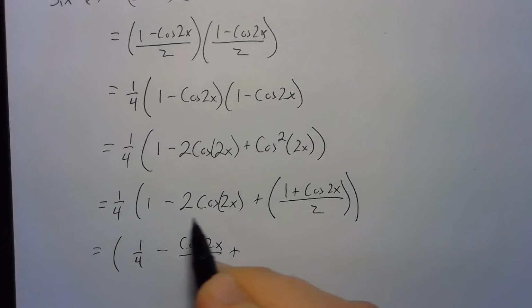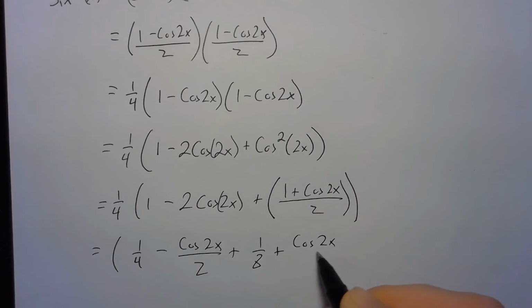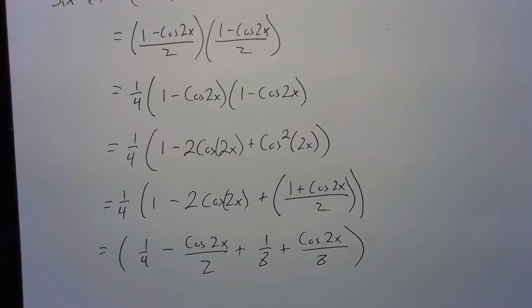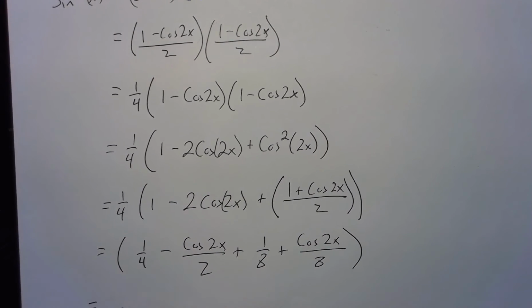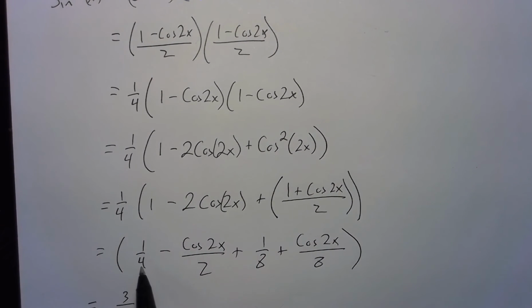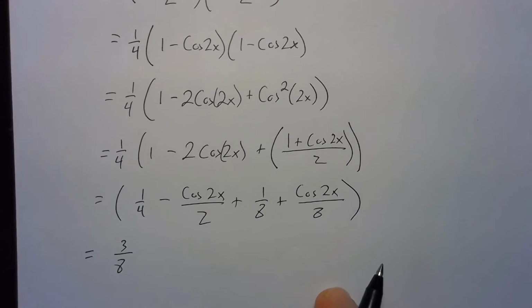So that'll give me 1/2 times 1/4, which is 1/8, plus cosine of 2x divided by 8. The only thing I can do now is, if I wanted to, I could attempt to combine these two terms together, providing me with a 3/8, given that I can change this to be 2 over 8 plus 1 over 8 is 3 over 8.